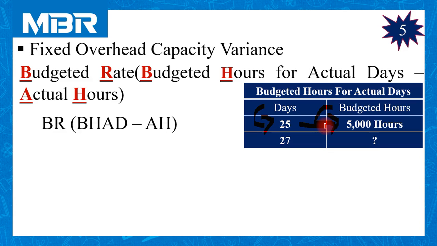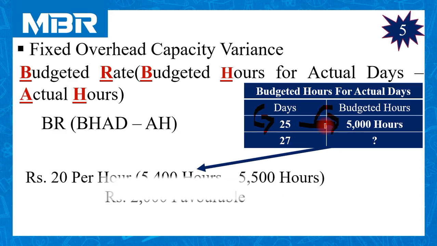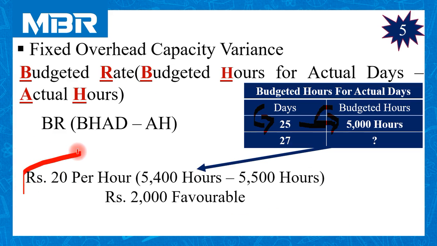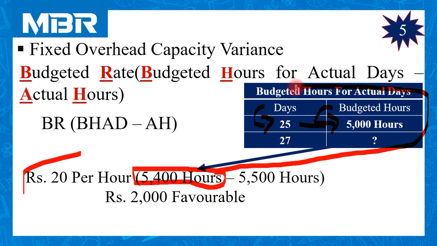So in 27 days they can work for how many hours? This is simply a cross multiplication. Now insert the values in the formula. Budgeted rate rupees 20 per hour. Budgeted hours for actual days 5,400. It is nothing more than the cross multiplication.